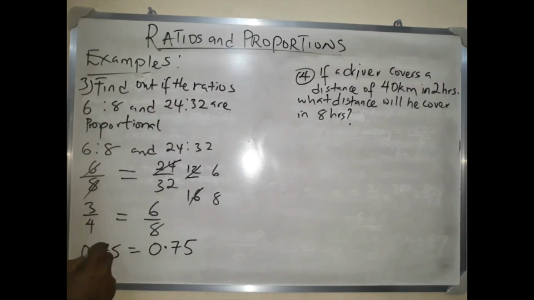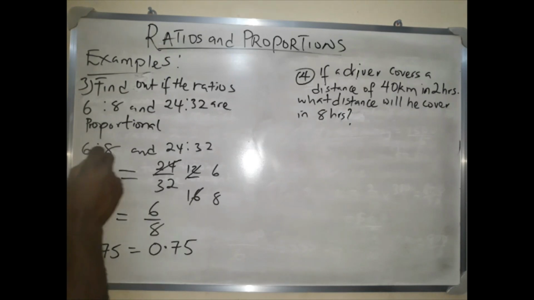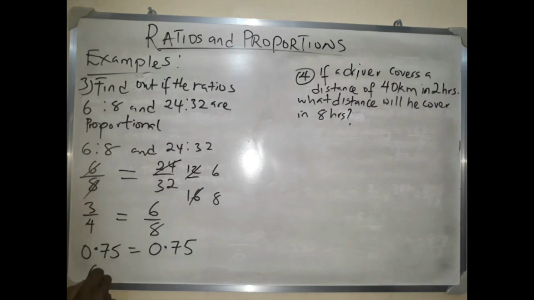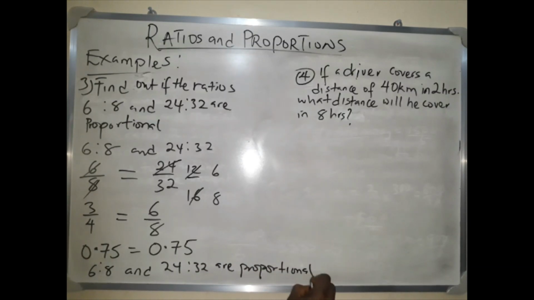And since I have 0.75 on the left hand side when I divide 3 by 4, and I have 0.75 when I divide 6 by 8 on the right hand side, that means that what? That these two, 6 ratio 8 and 24 ratio 32, are proportional. Once again, for two ratios to be proportional, they must be equal to each other.